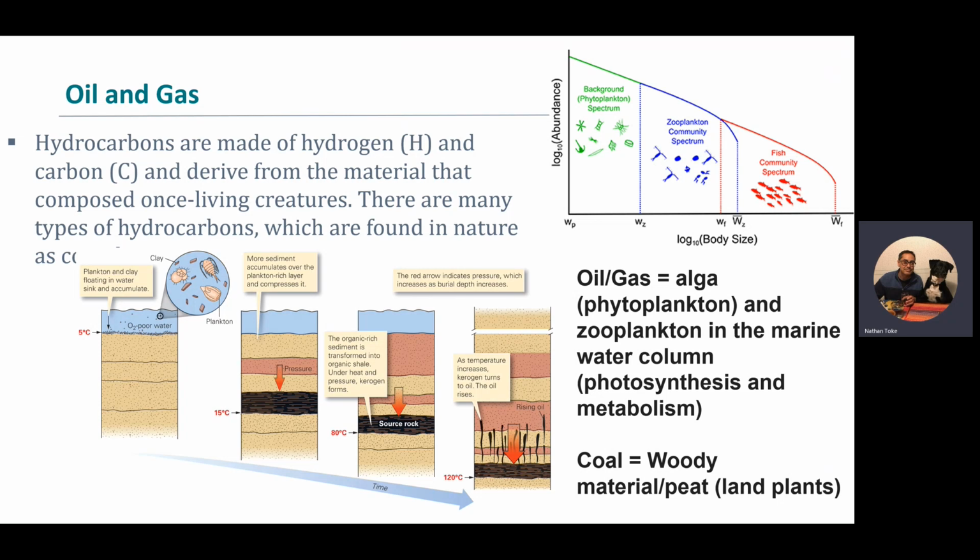So oil and gas comes from marine organisms, things that we find in water columns responding to photosynthesis. So we have phytoplankton and zooplankton living in the water column. And over here on the upper right, this shows you the log of abundance, how much stuff is there in the ocean, and then body size. So big things like fish, well, you think there's a lot of fish in the ocean.